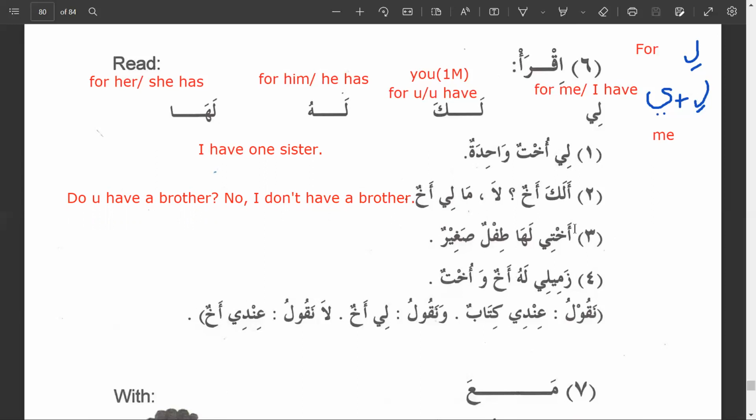Ukhti. This is misprinting. This is not akhti, ukhti. This is ukhtu plus ya. Ukhtun is sister. So ukhti means my sister. Very good.